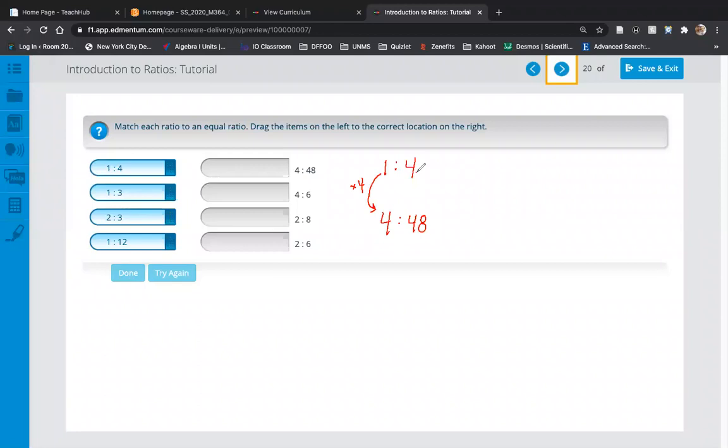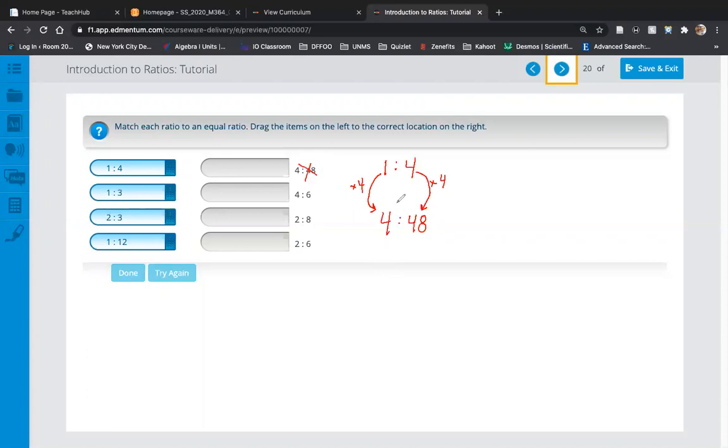Now, remember, if I multiplied one part of my recipe by 4, I need to multiply the other part. So I just need to check. If I was to multiply 4 times 4, is that going to give me 48? No, right? 4 times 4 is 16. So 1 to 4 can't be this one. And you just do it one by one.